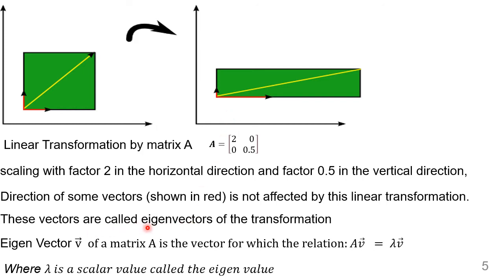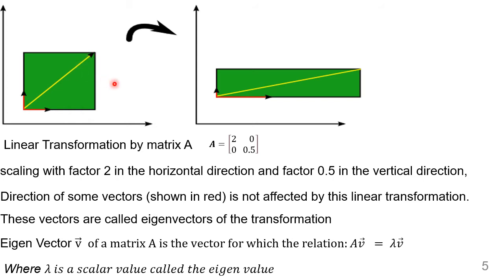Such vectors are called eigenvectors of the transformation. Those vectors which, after transformation, do not change their direction, even though their magnitudes change, are called eigenvectors. We'll consider a second case that is shown by the yellow line.